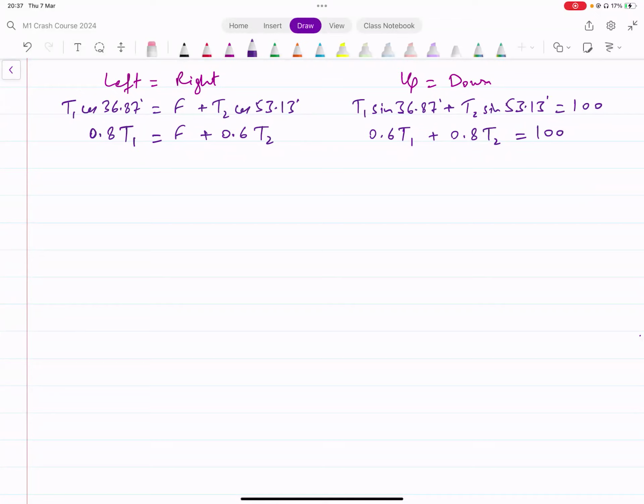We have these two equations. How can we maximize the value of F such that these equations will still hold true? What would be the maximum value of F such that these equations will remain correct, remain true?